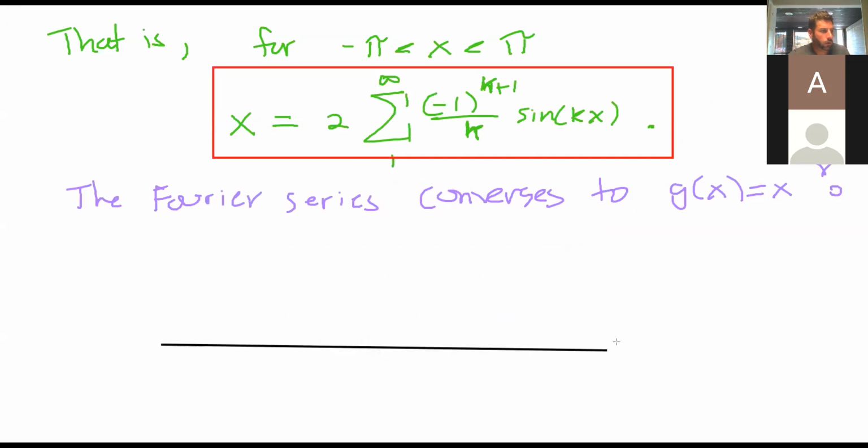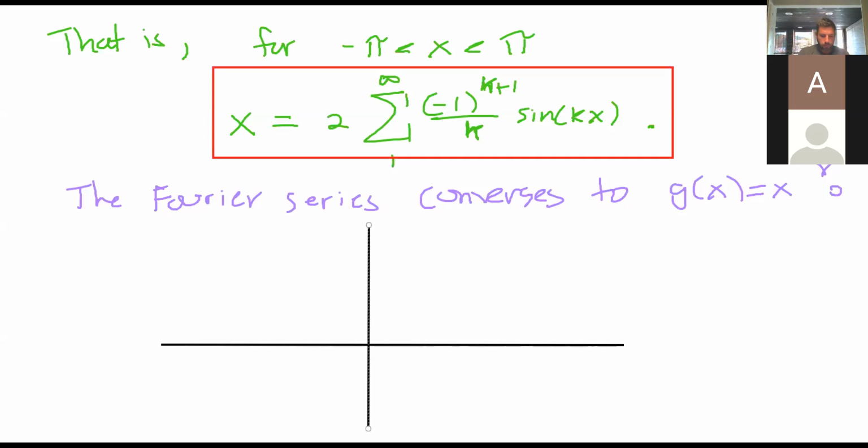So here's our sort of XY axis. And so let's mark off some things. I'm not going to draw this to scale, but let's say this is pi, and then this is negative pi. And then let's call this 1, and then down here negative 1. So if we draw the function, g of x equals x just looks like this. So hold on, I labeled this wrong. Give me a second.